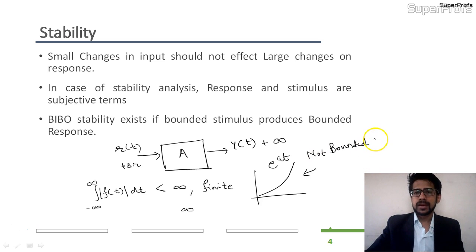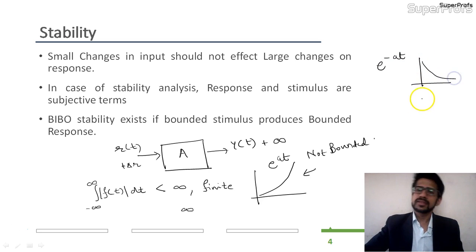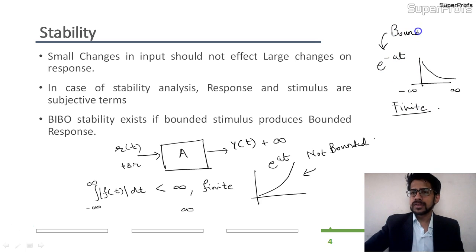At the same time, if you take the signal e raised to minus at, which is of this form, a decaying signal, the area under the curve from minus infinity to infinity is finite, and that is why e raised to minus at is a bounded signal. So this is how you define bounded signals.